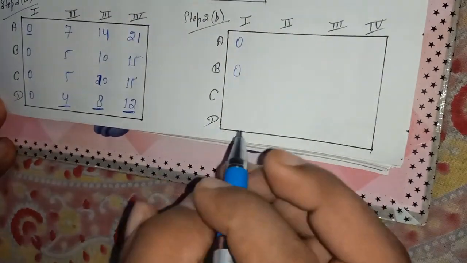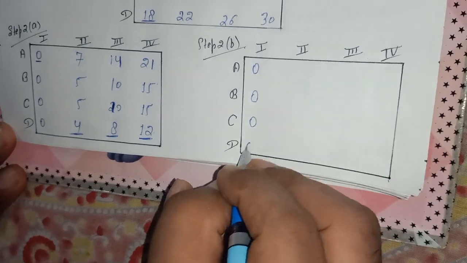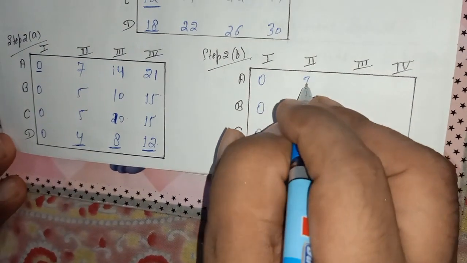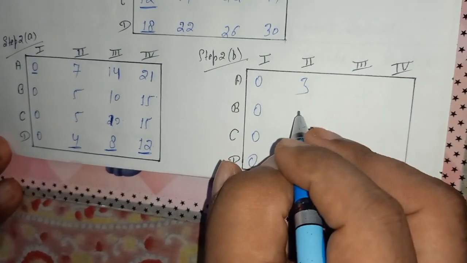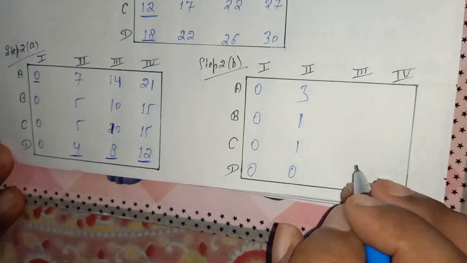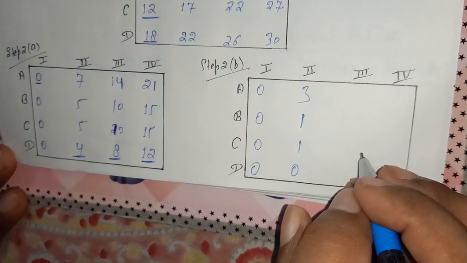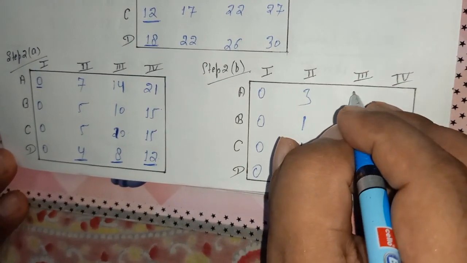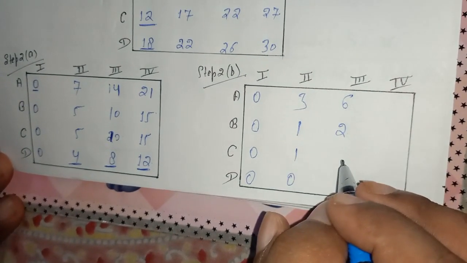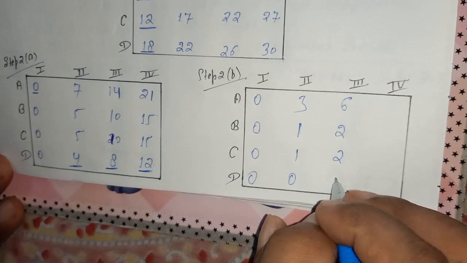0, 0, 0, 0. In the second column, 4 is the minimum element. 7 minus 4, 3. 5 minus 4, 1. 5 minus 4, 1. And 4 minus 4, that is 0. In the third column, we have 8 as the minimum. 14 minus 8, 6. 10 minus 8, 2. 10 minus 8, 2. 8 minus 8, 0.